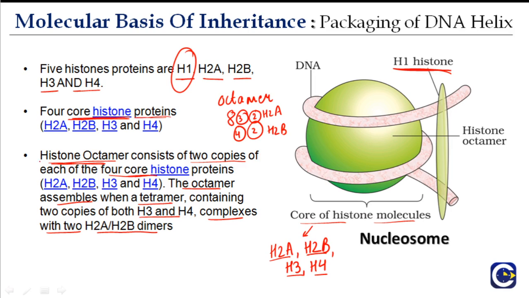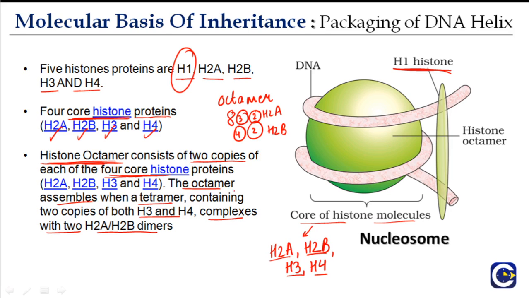And then there is something called the histone octamer. Octamer we know is always 8. It consists of 2 copies of each of the 4 core histone proteins, H2A, H2B, H3 and H4. Now, how is this octamer formed? Here you see this green structure, but in reality it is not just one ball.